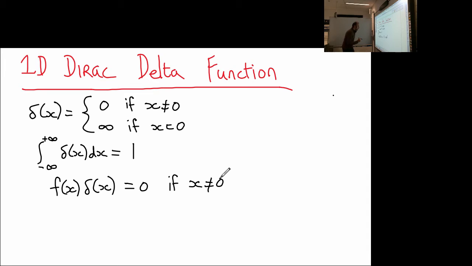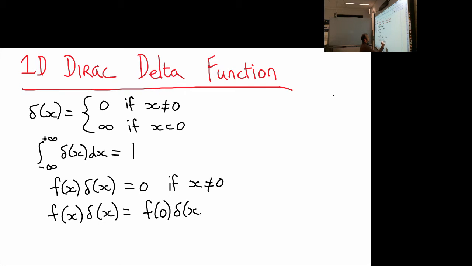So now what we can simply write is that our continuous function f of x multiplied by the delta function delta x is going to be equal to the value of that function at x equals 0 multiplied by the delta function. Now that's if x equals 0. Okay, so this is quite important.